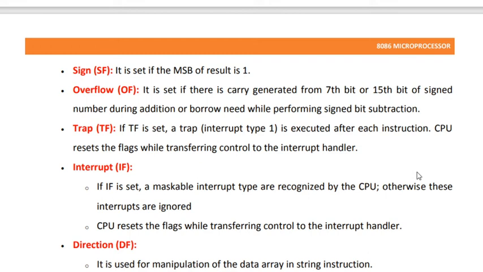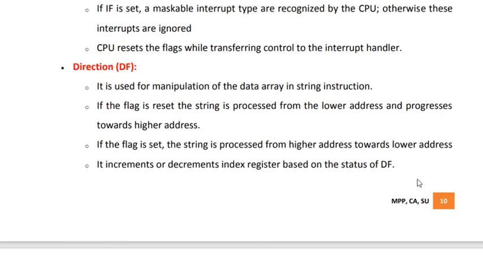If interrupt flag is set, then a maskable interrupt type is recognized by the CPU, otherwise the interrupts are masked. If the IF is set and a maskable interrupt type is recognized by the CPU, then the CPU will reset the flag while transferring control to the interrupt handler.